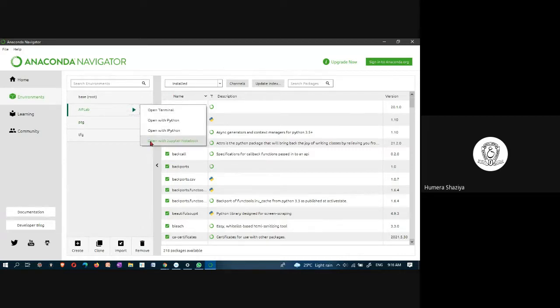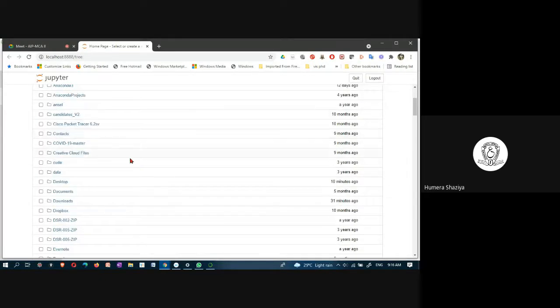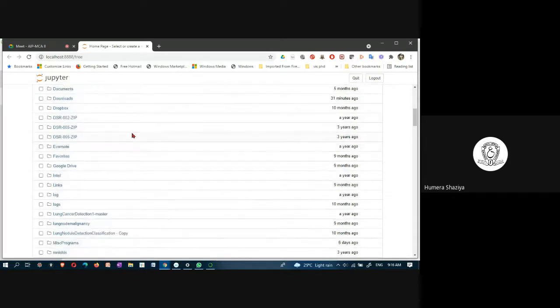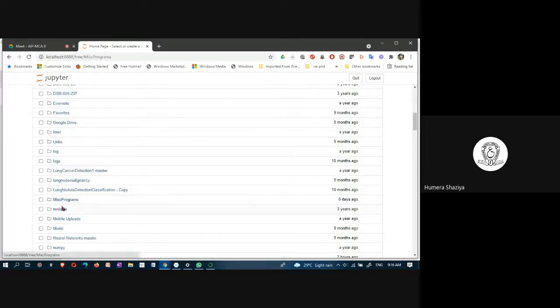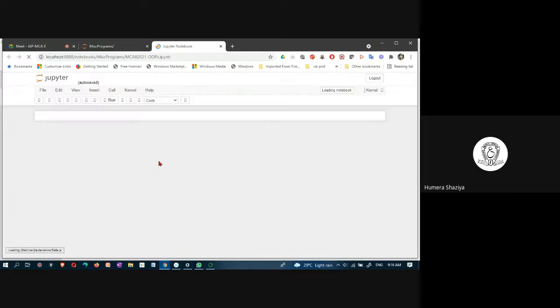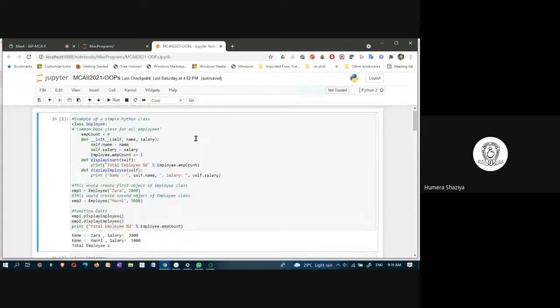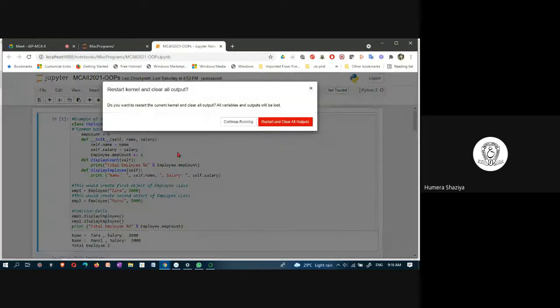Open with the Jupyter notebook. Our programs are stored in this folder, and the OOPS program is being opened. Clear the output and restart the kernel.